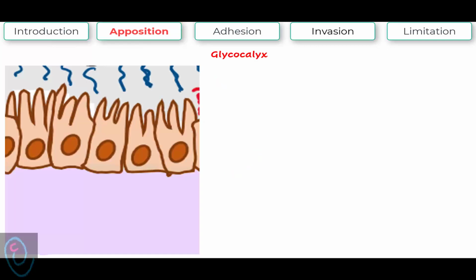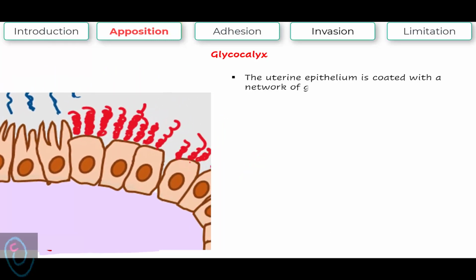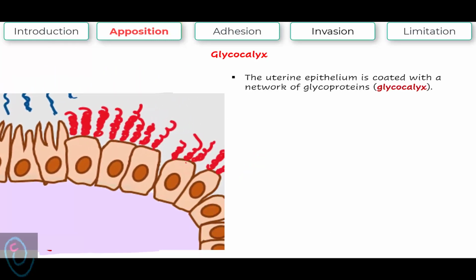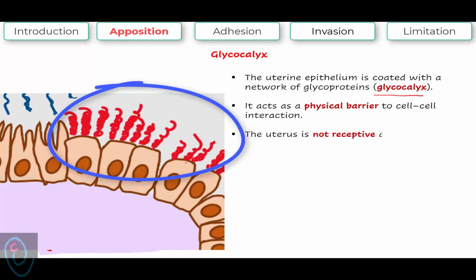Another important factor is the glycocalyx. The uterine epithelium is coated with a network of glycoproteins called glycocalyx. It acts as a physical barrier to cell-to-cell interaction. The uterus is not receptive at this stage because of the thick mucin coat and the long microvilli.